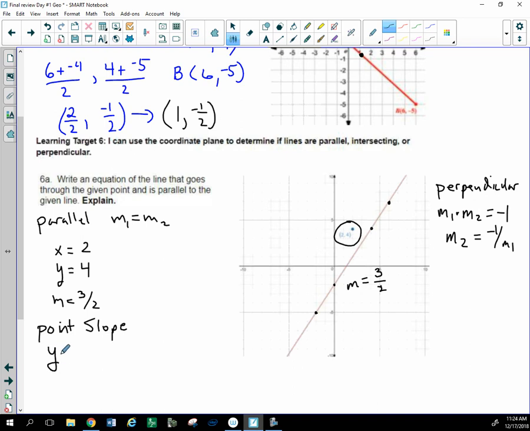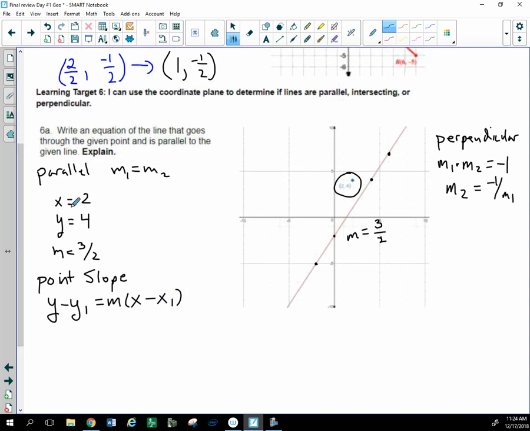That's y minus y1 equals m times x minus x1, where x1 and y1 are these values up here, and m is my slope. Substituting in what I know, I get y minus 4 equals 3 over 2 times x minus 2.